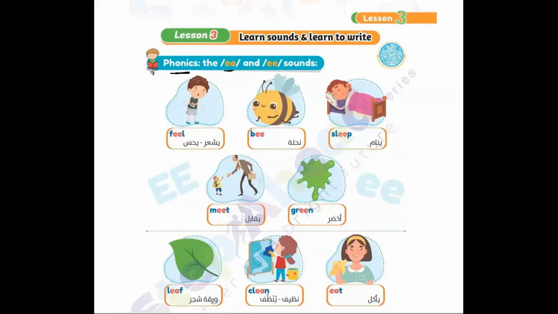Here, E and A, we call it E. So the two letters E and A give me the sound E, and double E gives me the same sound E. Now we will start with the sound E with double E. Let's check how we can read it in words.